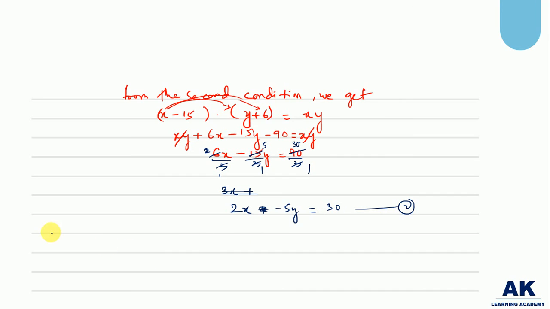If I solve equation 1 and equation 2, we add equation 1 and equation 2: minus x plus 5y is equal to 10 and 2x minus 5y is equal to 30.